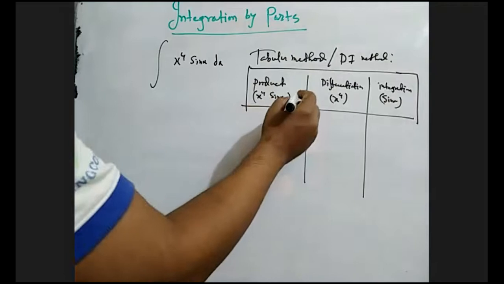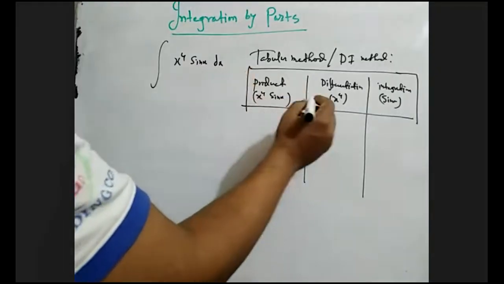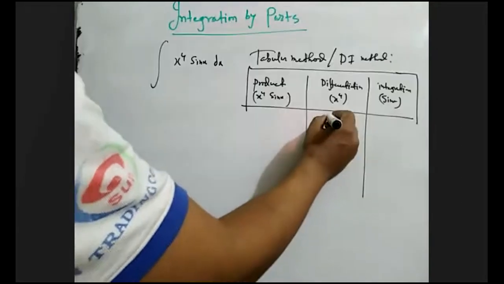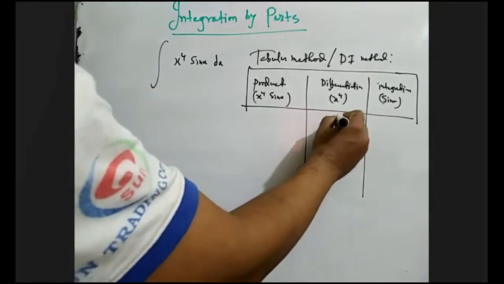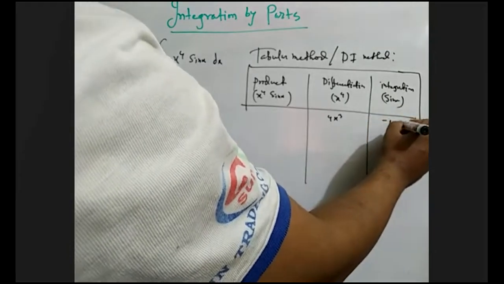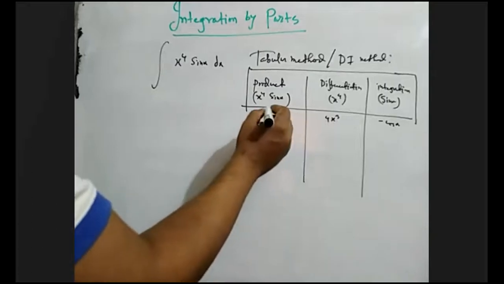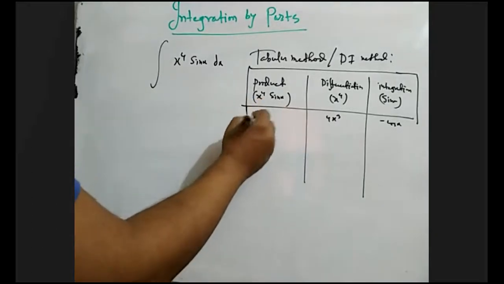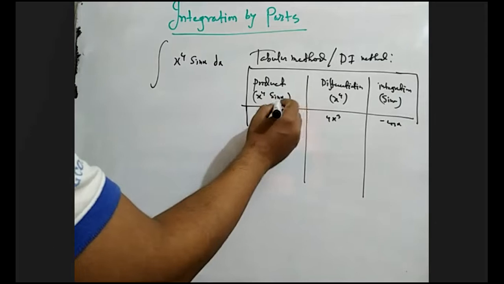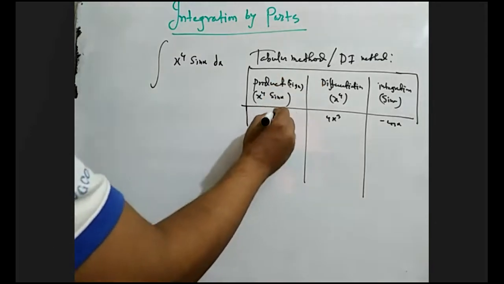Suppose x to the 4 differentiation, what? 4 x cube. And sin x integration, what? Minus cos x. The first sign will be plus. Remember it.